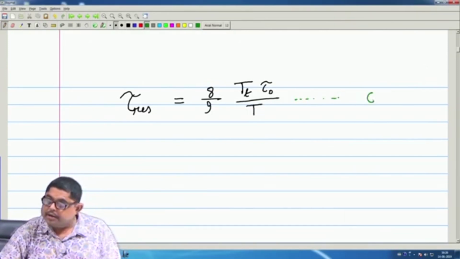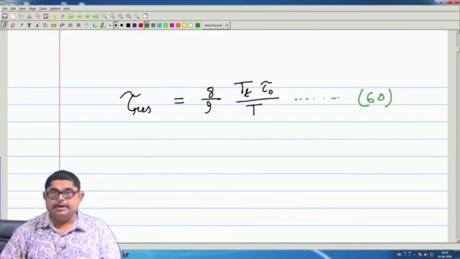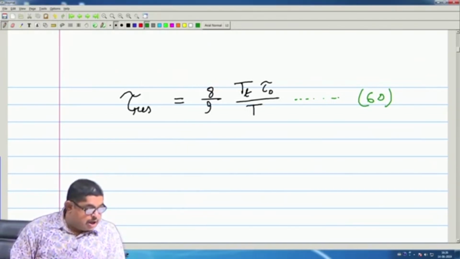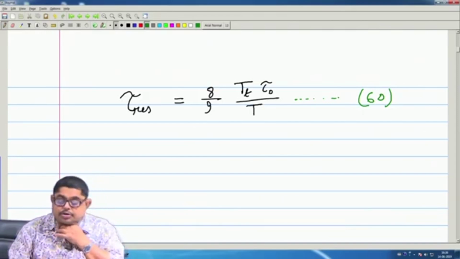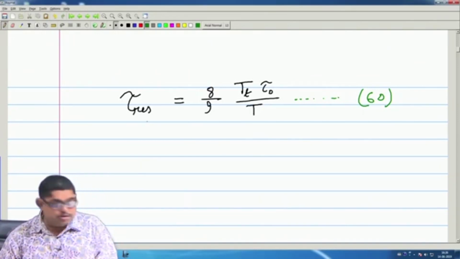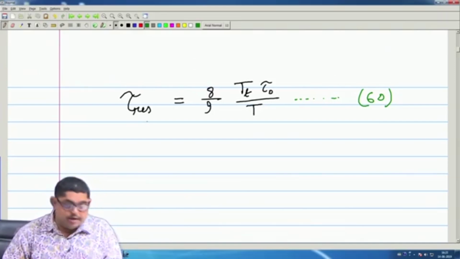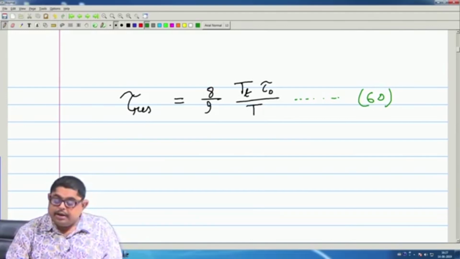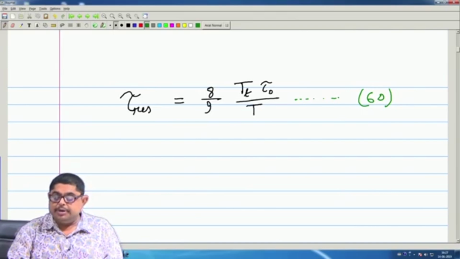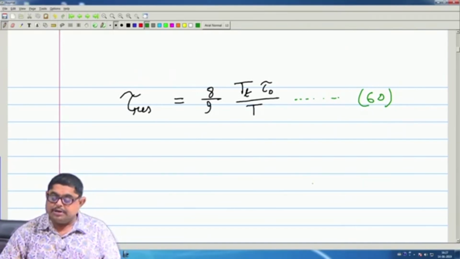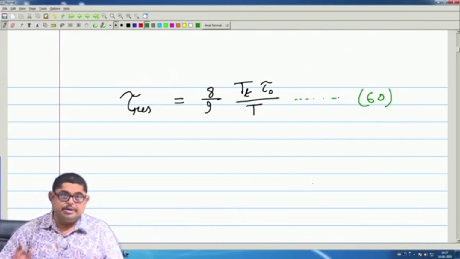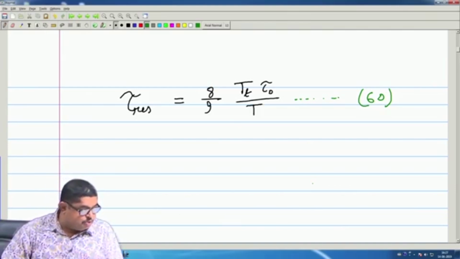So, I can give it a number 60, and so it shows that the delay resolution constant of the finite pulse train increases as the length of the train. Length of the train means T subscript T, that means the total duration. If that increases, that means if I integrate more number of pulses, the resolution gets poorer.